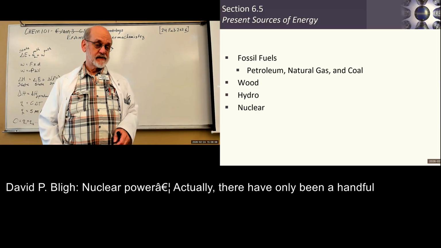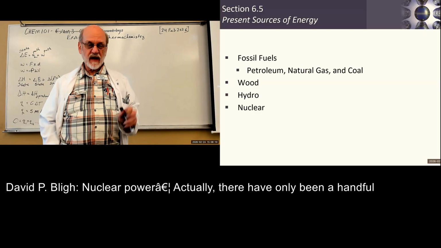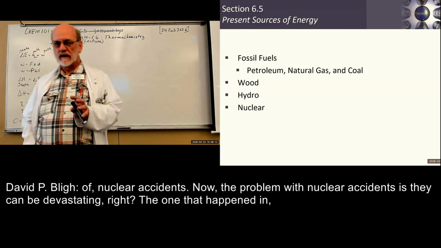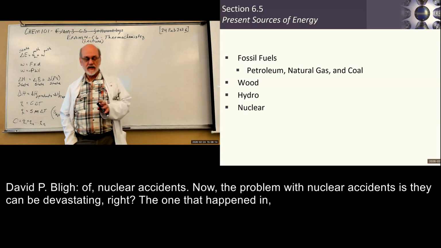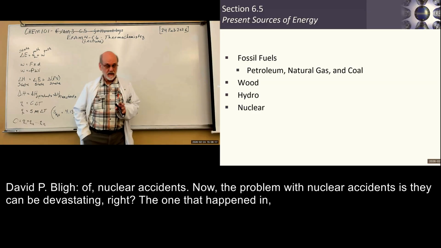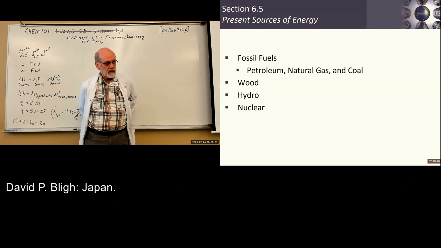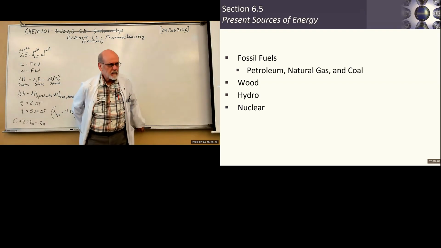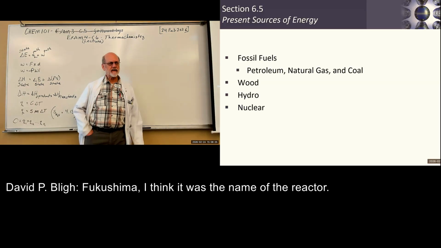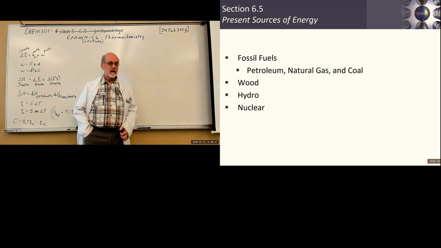Nuclear power, actually, there have only been a handful of nuclear accidents. Now, the problem with nuclear accidents is they can be devastating, right? The one that happened in Japan, Fukushima, I think it was the name of the reactor.